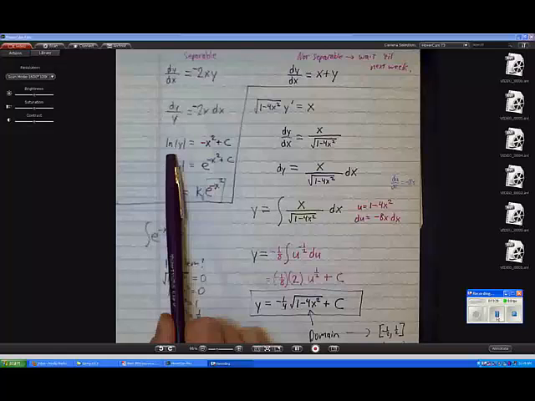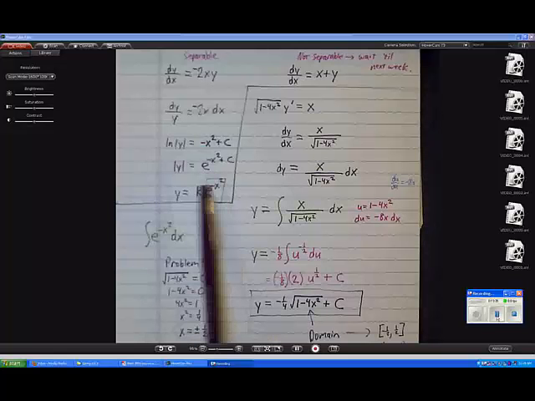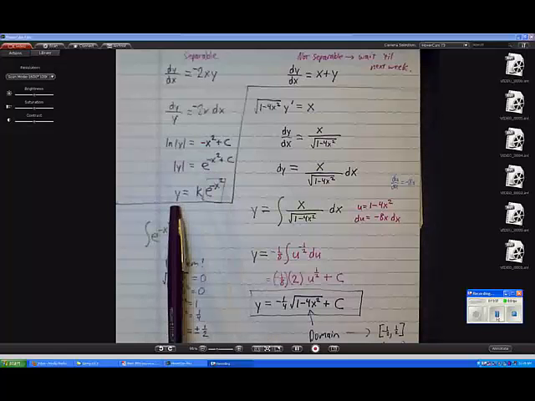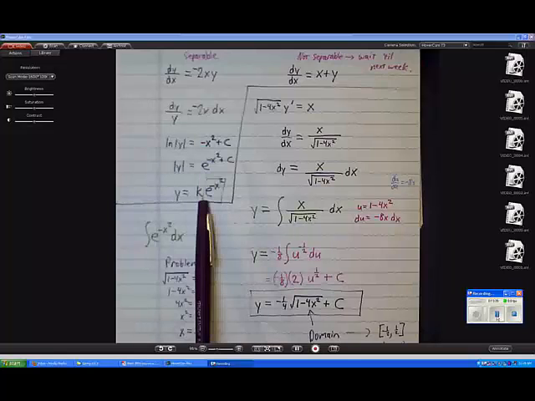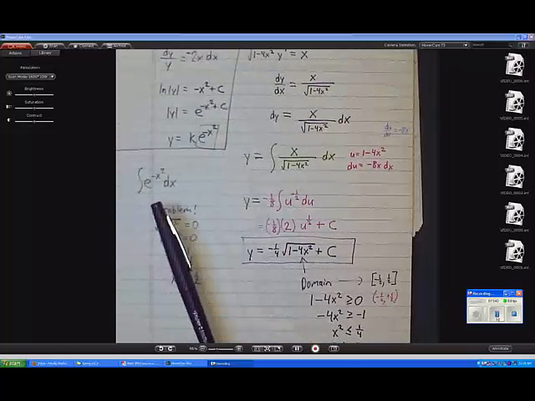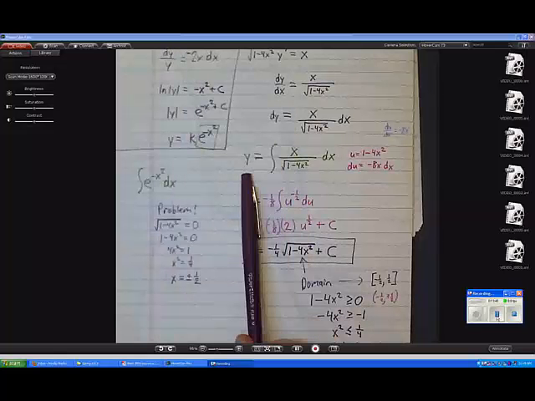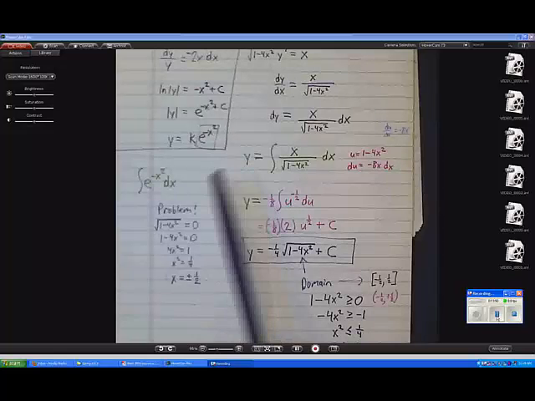Well, then what's the next step? e to the. Yeah, undo it. And when you do an e to the, that gives you the opportunity to get y by itself, but then e to the c is k. But in this problem, I wasn't integrating dy over y like I did in that one. In this one, I was just integrating dy, so I already had y by itself. Okay, it's a different problem.